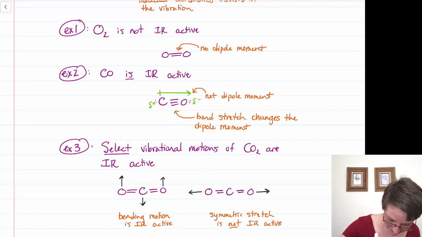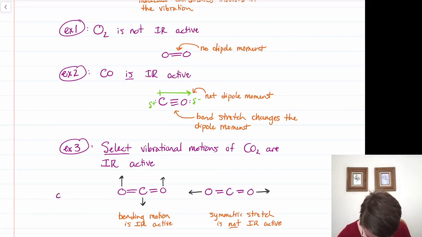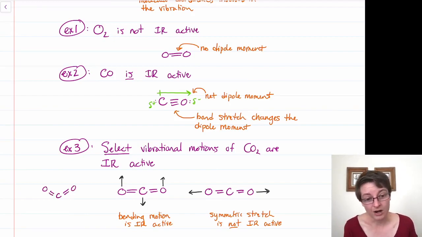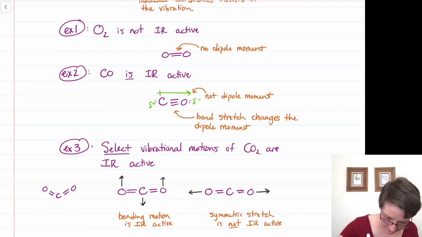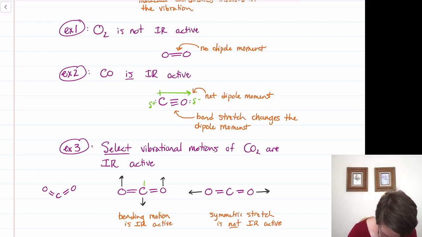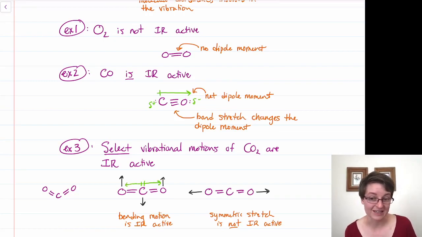So that might look something like this when the molecule is in the middle of its transition. And while carbon dioxide in its equilibrium set of positions doesn't have any dipole moment, remember we have two individual dipole moments pointing from each carbon to each oxygen, but those cancel each other out exactly. It doesn't lead to a net dipole moment.